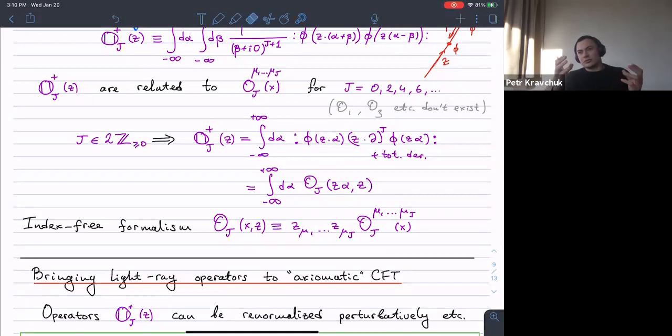The idea of this approach is that you take the basis of the Hilbert space, which is given by conformal primaries, and then you rewrite the perturbation as an integral of some primary operators. And you can compute the matrix elements of your perturbation to the Hamiltonian because you know the matrix elements of all the primary operators.